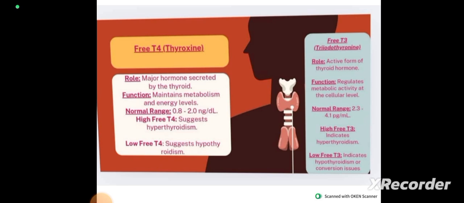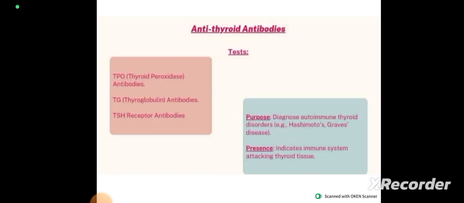Function: regulates metabolic activity at the cellular level. Normal range 2.3 to 4.1 picogram per ml. I will give the normal ranges all in one unit, so don't worry about this. High free T3 indicates hyperthyroidism, low free T3 indicates hypothyroidism or conversion issues.